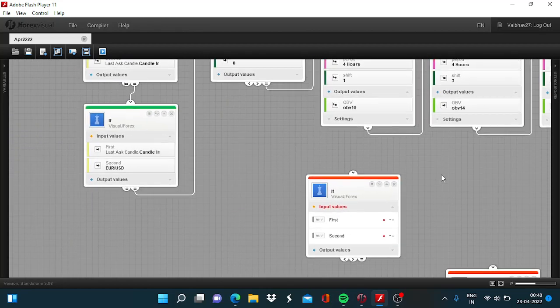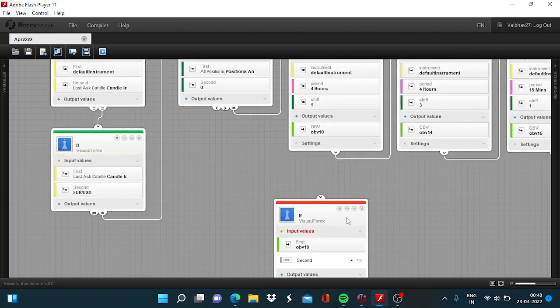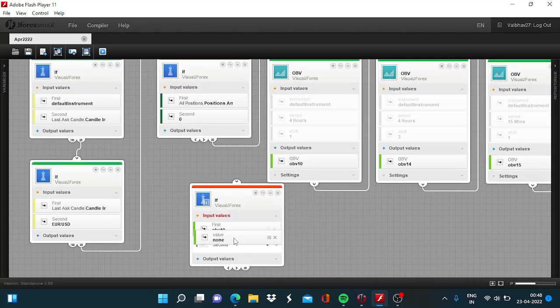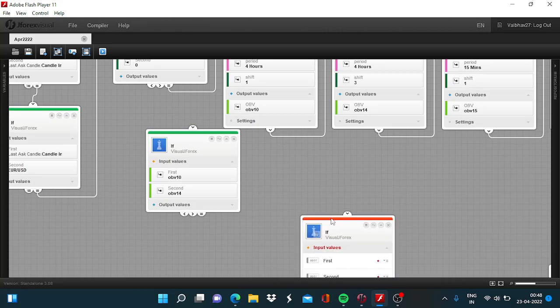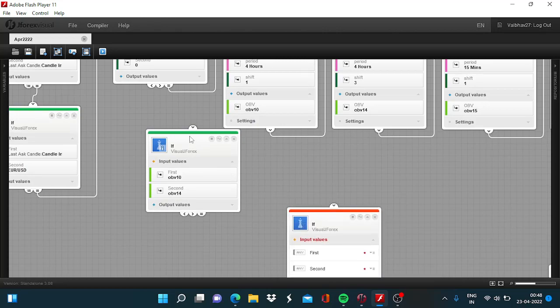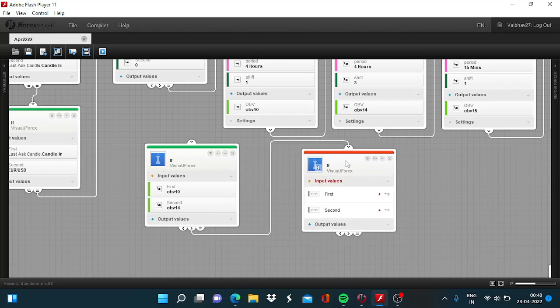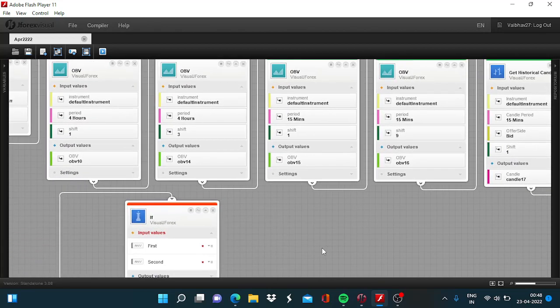So first thing first, we compare the OBV 10, which is the output value of the OBV for the last 4 hourly block, with the OBV 14, which is the output value of the third last candle of the 4 hourly time frame. So this should be first input greater than second input, and then we move on to the lower time frame.